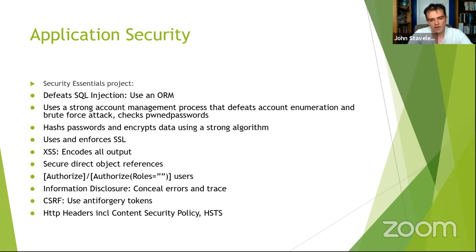It's equivalent of doing File New MVC project, but with all of these security features in it. So checks for pwned passwords, enforces SSL, checks for cross-site scripting vulnerabilities, cross-site request forgeries, checks the HTTP headers. It's not really relevant to the talk, but I had to deploy something, so it formed a good base.